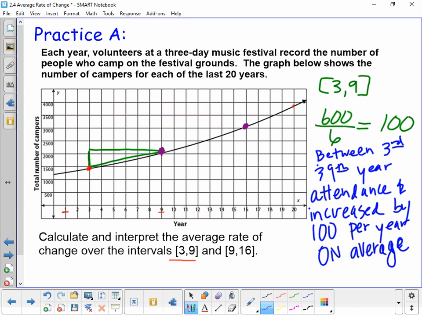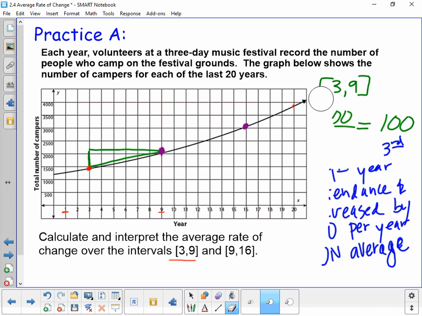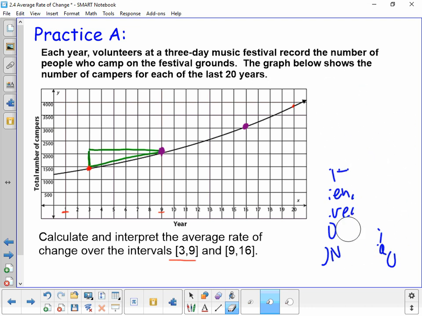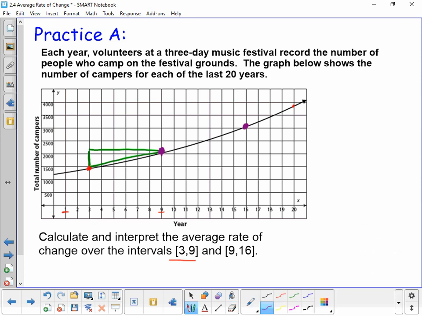If we're comparing those 2 points to think about the average rate of change, it looks like it increased in the y direction, so it went up. Again, these are slopes, so we always want to do the rise over the run. It went up pretty close to 1,000, and it goes over between 9 and 16 would be 7.